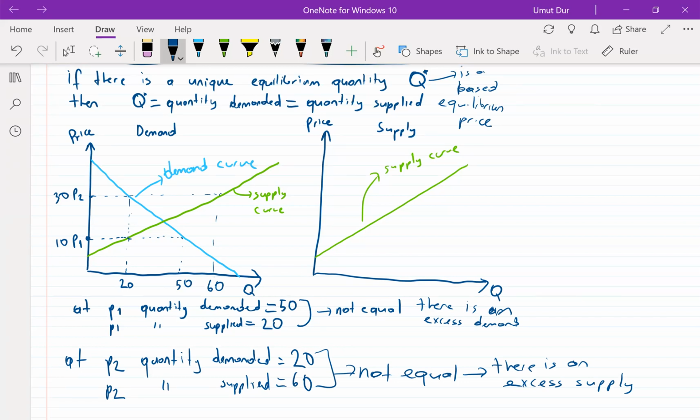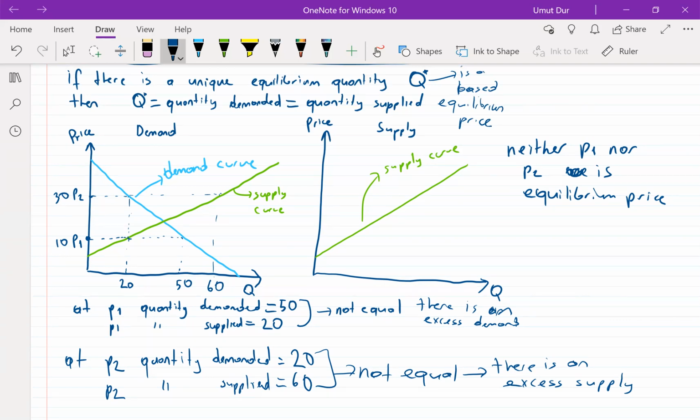So here neither P1 nor P2 is the equilibrium price. For the equilibrium price, I am just looking for where quantity supplied and quantity demanded are the same. Can you see at what point they are the same?